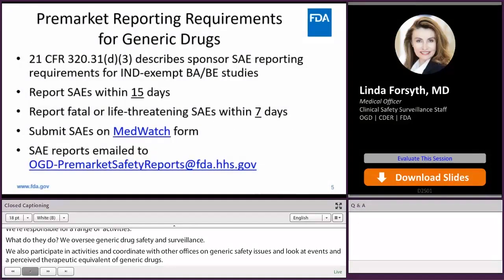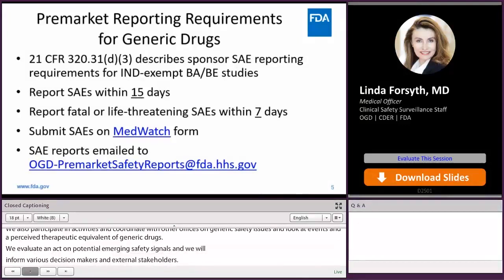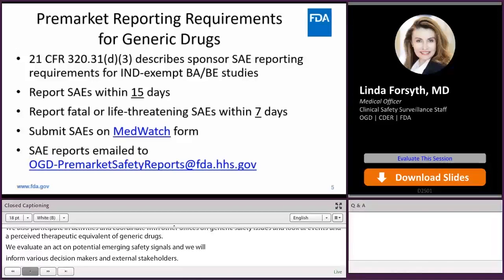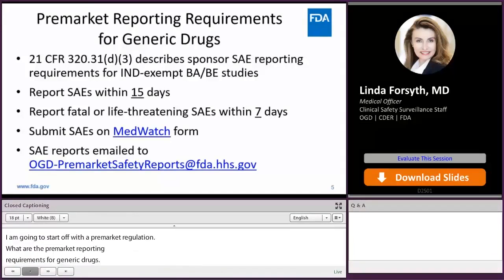I am going to start off with the pre-market regulations. So what are the pre-market reporting requirements for generic drugs? Title 21 Code of Federal Regulations Part 320.31(d)(3) describes the requirements sponsors have for reporting pre-market SAEs for generics for bioavailability and bioequivalence IND-exempt studies.